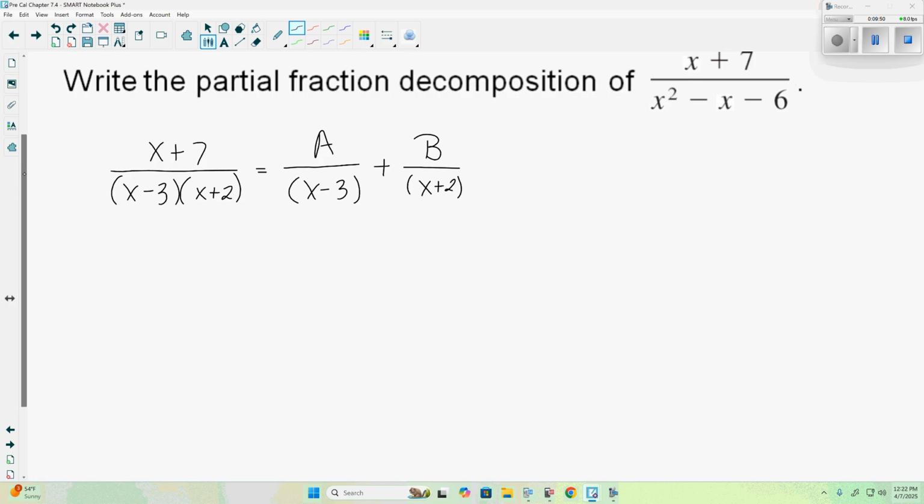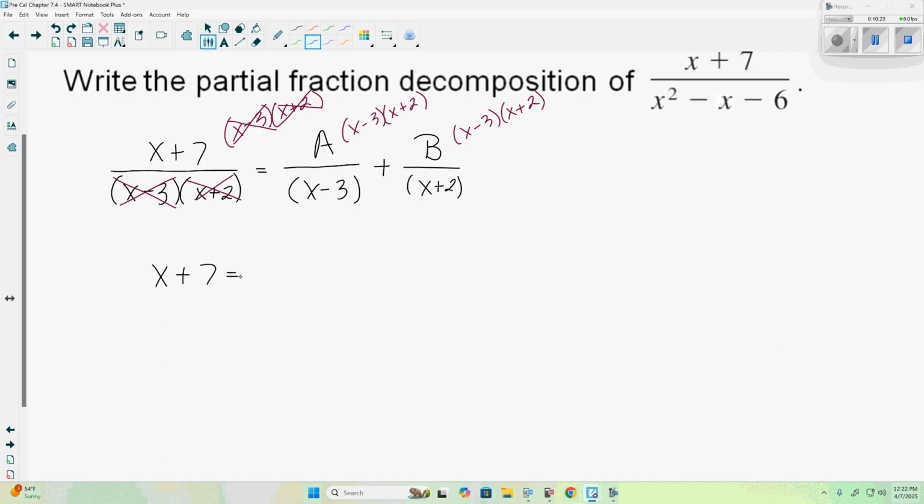What we'll do next is multiply everything by the bottom of this fraction on the left. We're going to multiply through by x minus 3 times x plus 2. Now the one on the left, everything's going to cancel, leaving us with x plus 7.